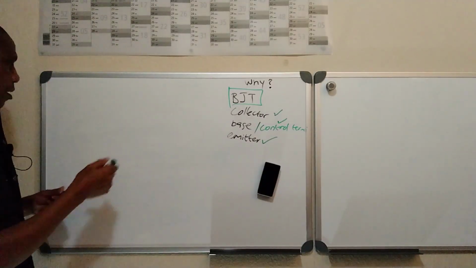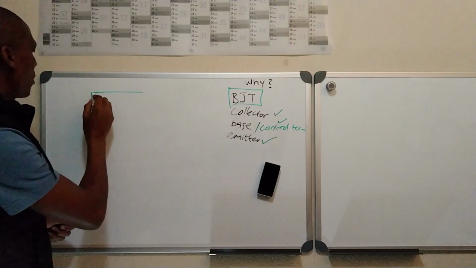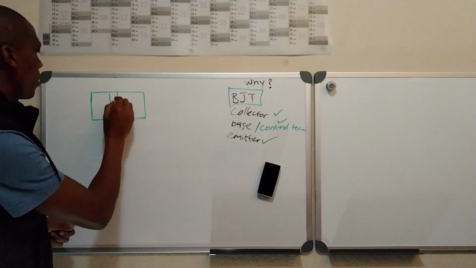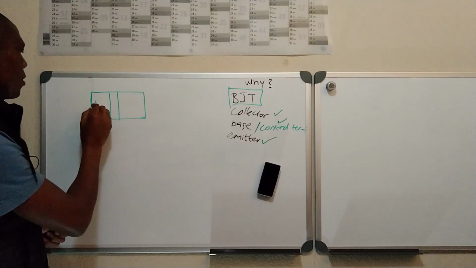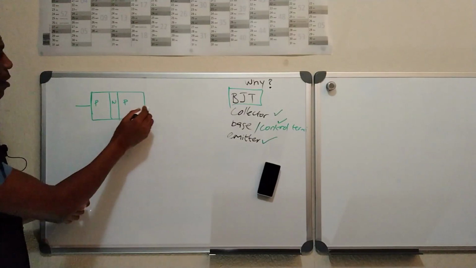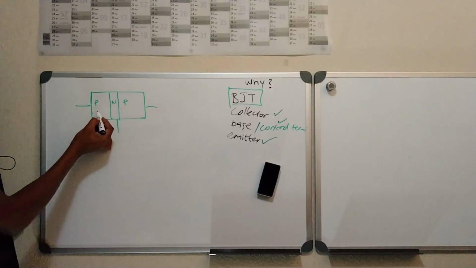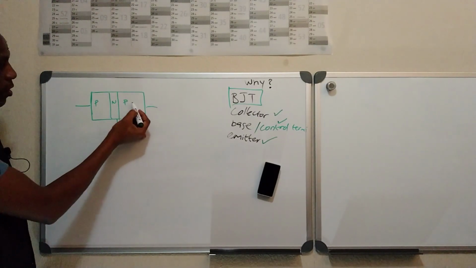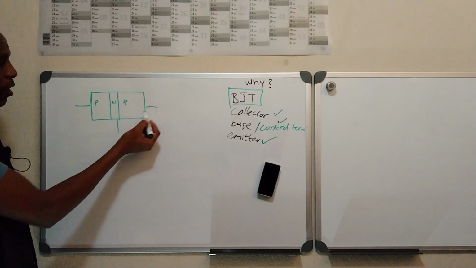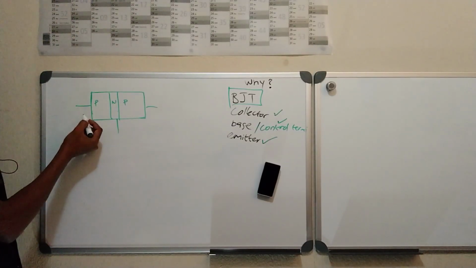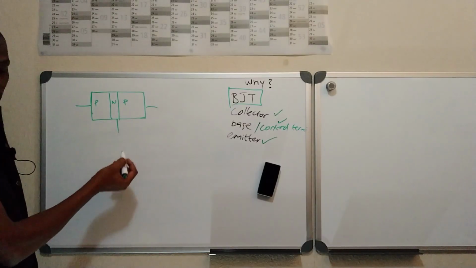You saw that in a PNP. Now just use one color. This is the PNP. In a PNP, the emitter emitted positive charge carriers through the base to the collector. So in this case, the positive charges were taken as positive charge carriers.